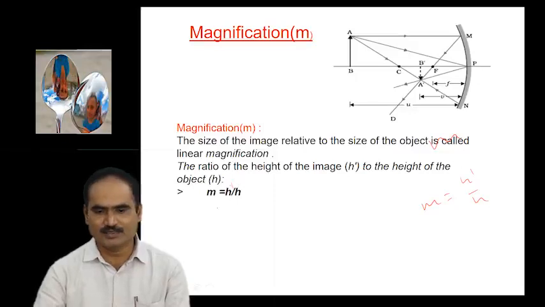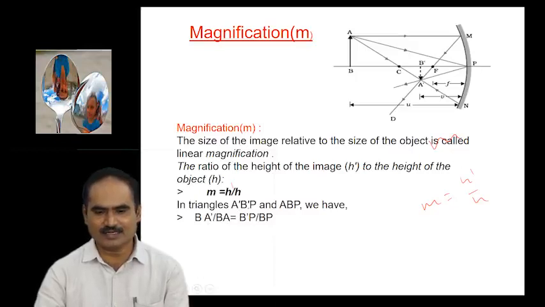H' by H. So from the previous figure itself, we once again consider this same triangle A'B'P and ABP here, right? So therefore, let us take the heights here now. That is A'B' by AB is equal to B'P by BP.